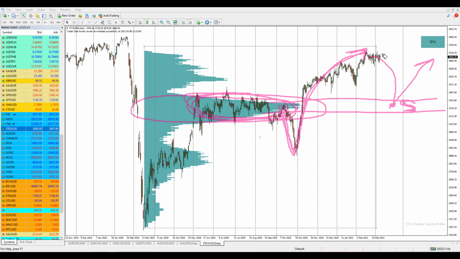You want to see some pullback. You don't want to enter long at highs, right? That's not very clever. So you want to wait for a pullback into a heavy volume zone like this one. This is a zone with massive institutional volumes traded there. So that's exactly what you want. You want to see the pullback and enter your investment from there, all right?